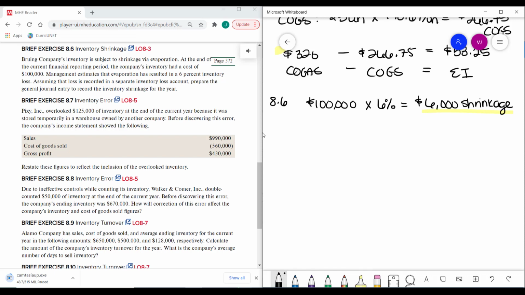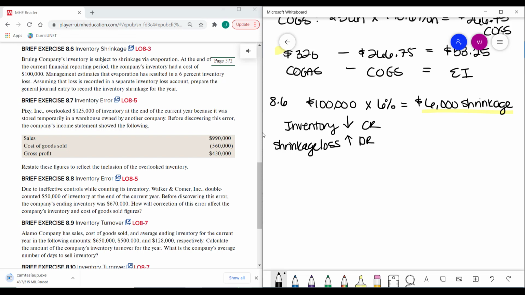So they tell us that they use a separate inventory loss account. So if we actually lost inventory, it evaporated, there's some of it missing, right? We have to record the fact that inventory has declined. So we will credit inventory. But what would be that offsetting debit? The offsetting debit will be something called shrinkage loss.